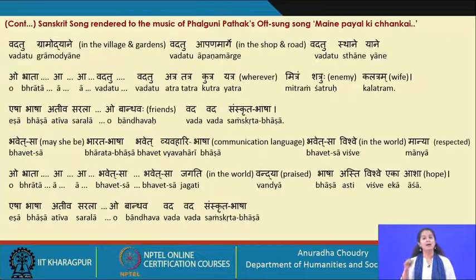Vadatu gramodyane, vadatu apanamarge, vadatu sthane yane, O bhrata vadatu, vadatu atra tatra kutra, yatra mitram shatru kalatram, eshaa bhasha ativa sarala, O bandhava vada vada Sanskrita bhasha.